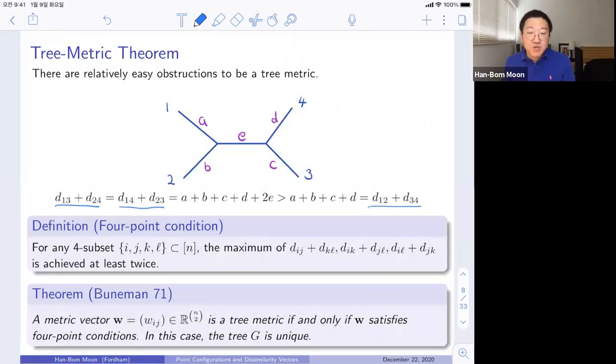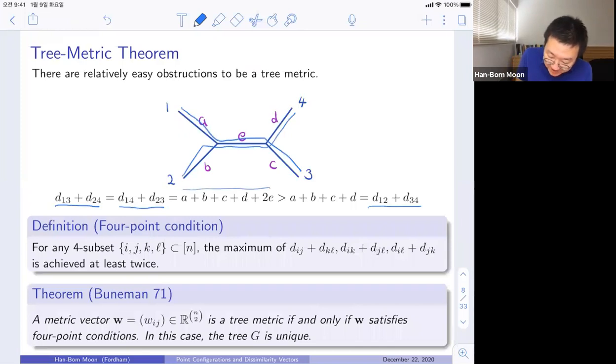D13 is the length of this path, which is A plus C plus E. D24 is the length of this path, which is B plus E plus D. If you add them together, you will get A plus B plus C plus D plus 2E.